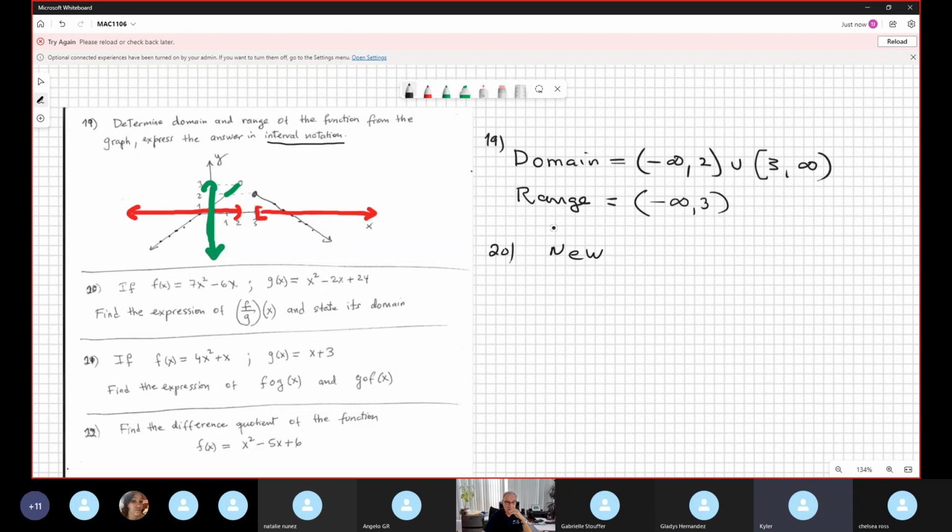Yeah. It wouldn't be negative infinity to 3 union bracket 2 comma infinity. No, because we have no function in that part.